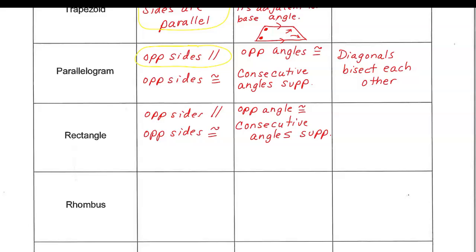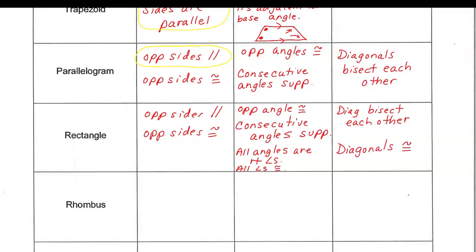You also know that all angles are right angles, which actually makes the property of opposite angles congruent stronger because we can say that all angles are congruent. The diagonals of a rectangle do bisect each other because it is a parallelogram, but they're even more special than that because the diagonals are also congruent in a rectangle.